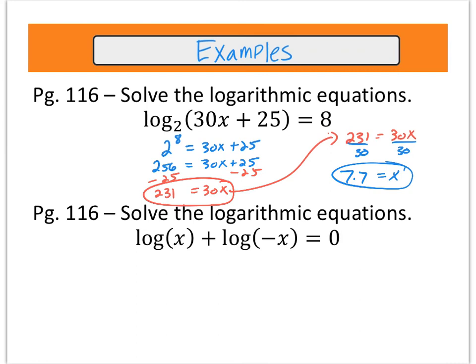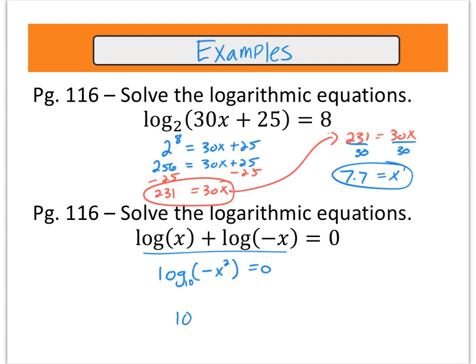Now here, it's a little bit more complicated, but we need to use one of our log properties, and you may not know that yet. For now, when we add the logs together, they actually multiply together. But this is going to end up being log of negative x squared equals 0. And if you convert this, remember the default base is 10.